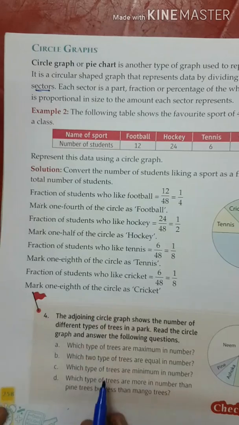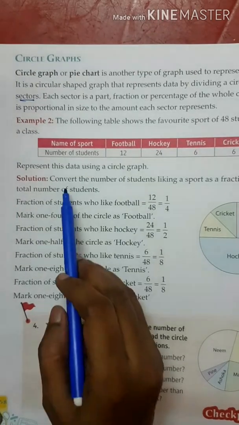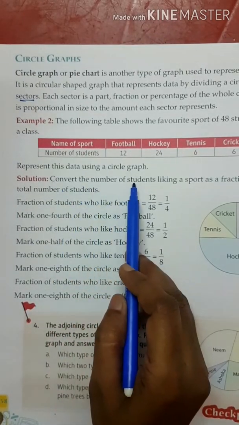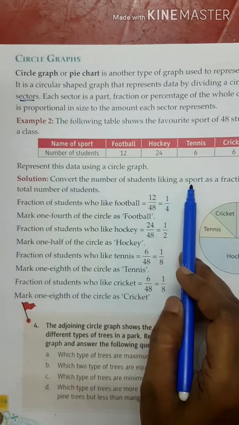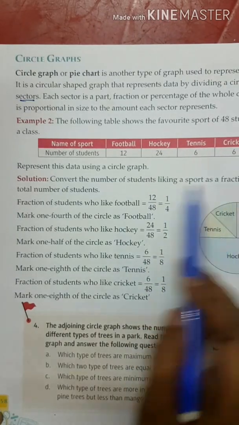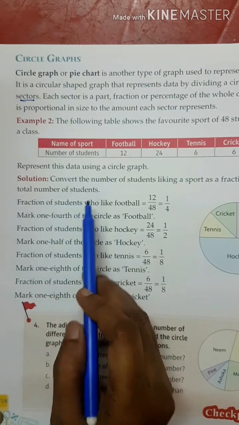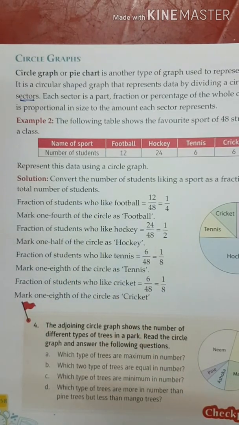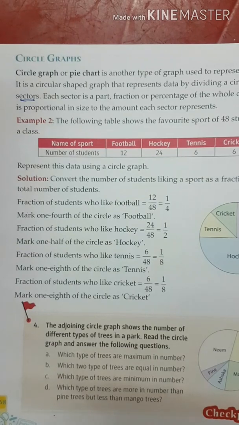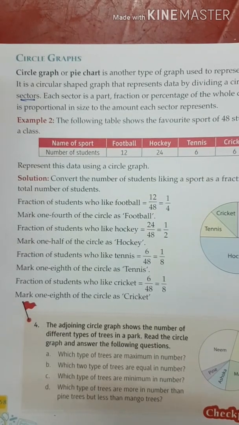Yes, now move on to the solution part. Convert the number of students liking a sport as a fraction of the total number of students. First we have to convert the number of students who like each sport into a fraction, or we have to convert into percentage.